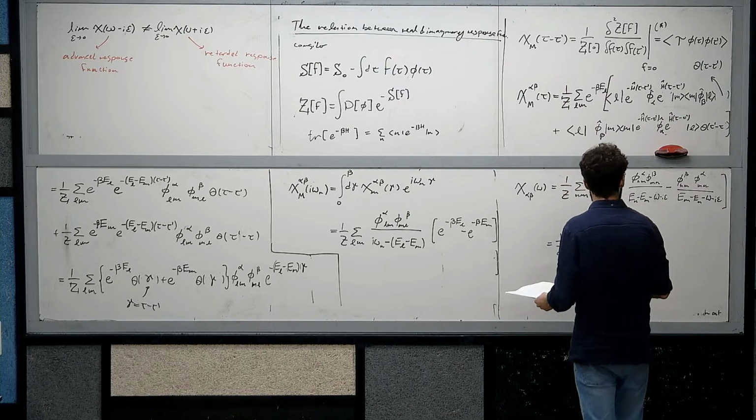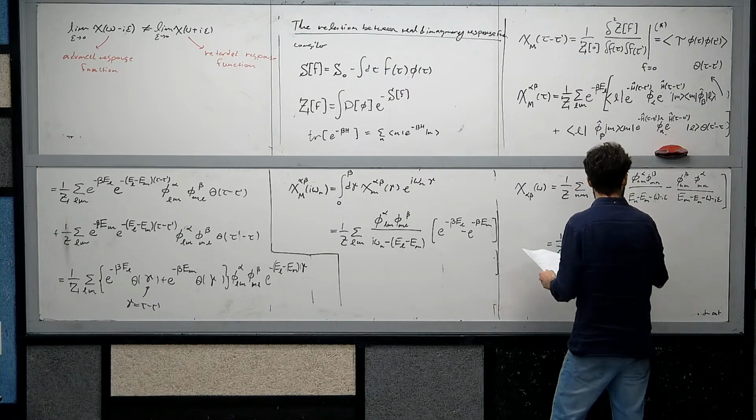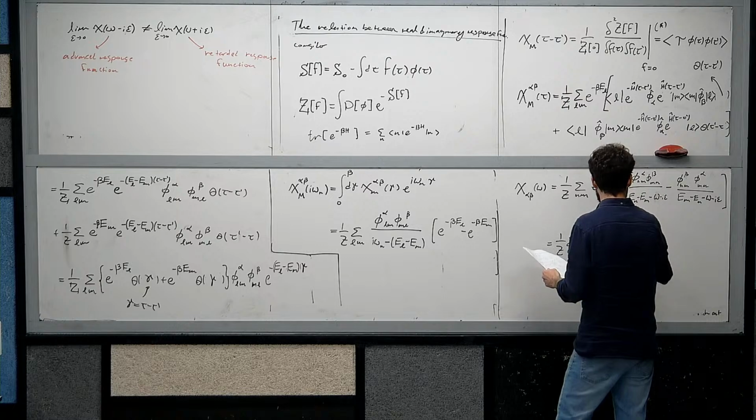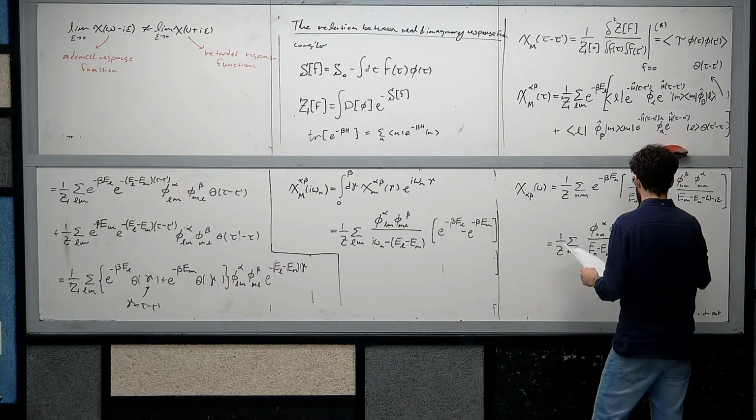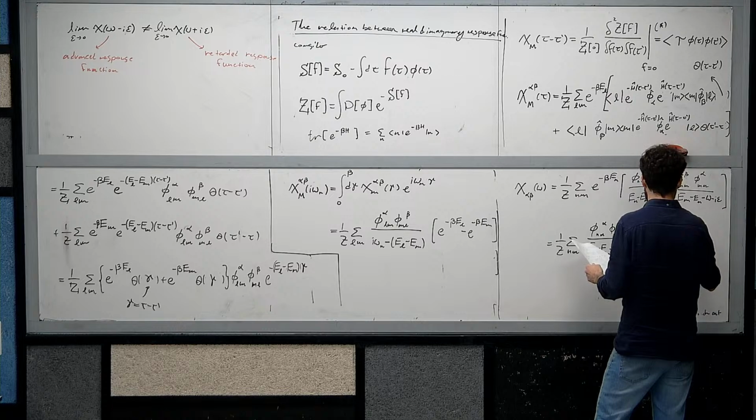I don't know why I did it so cumbersome, but this is basically phi n m alpha, phi m n beta, divided by E_n minus E_m minus omega minus i epsilon, times e to the minus beta E_n plus e to the minus beta E_m.